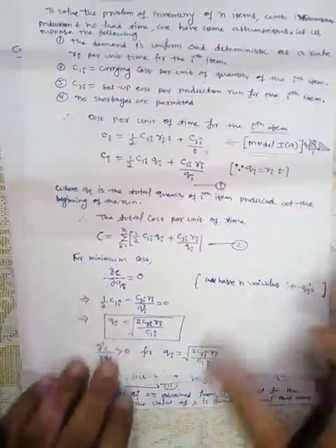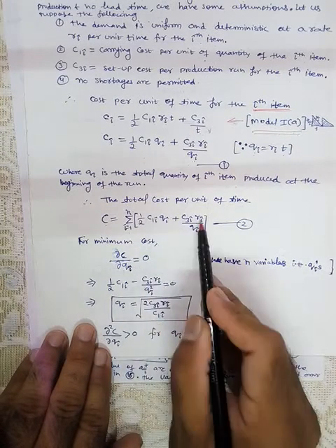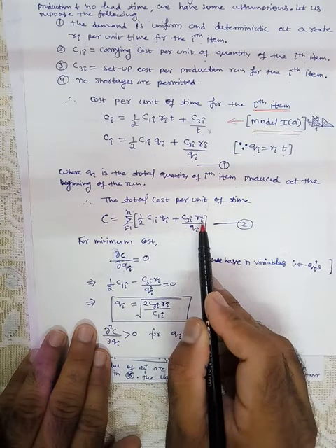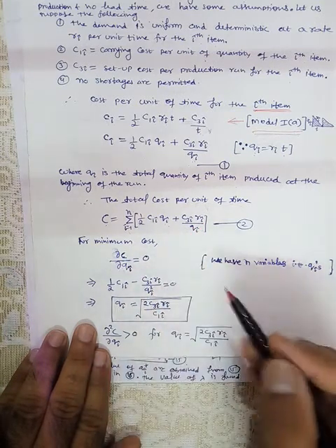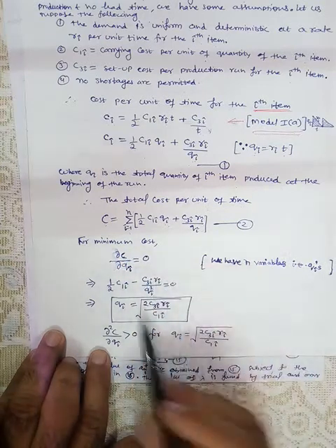Now here Qi is the variable quantity, Ri is fixed. Ri is the fixed rate of demand, so the only variable quantity is Qi. So del C by del Qi is 0, so we have put it equal to 0.